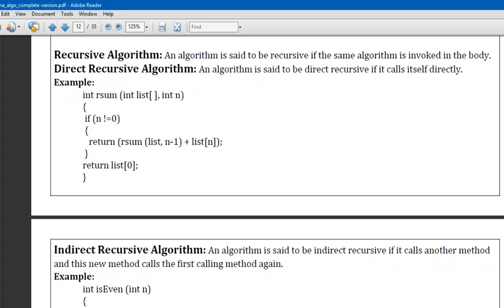Here is the recursive algorithm. The direct recursive algorithm is given here.